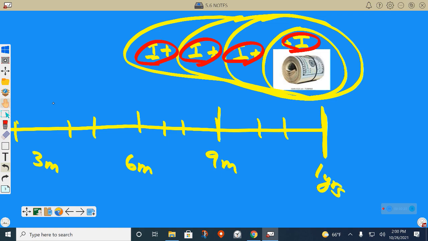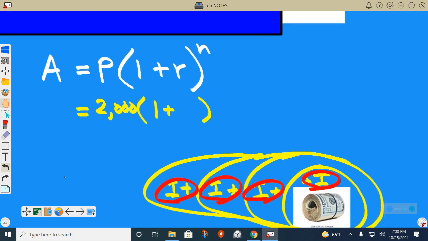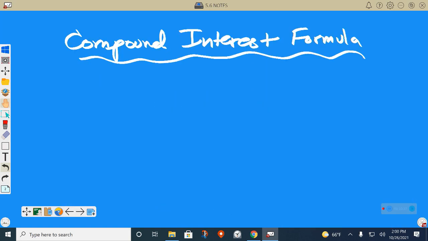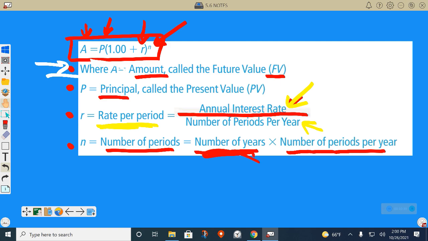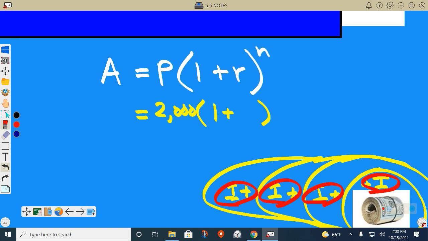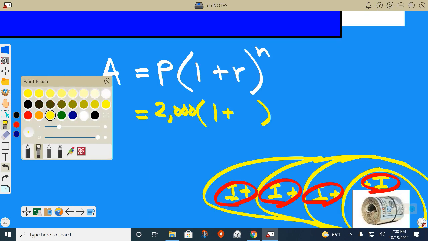So coming back over here, watch. The rate then is going to be the interest rate as a decimal, which we already know how to do. We've been doing that for the past week, divided by how many times per year. In this case, 4. Watch how I'm going to write it. What's the rate, by the way?